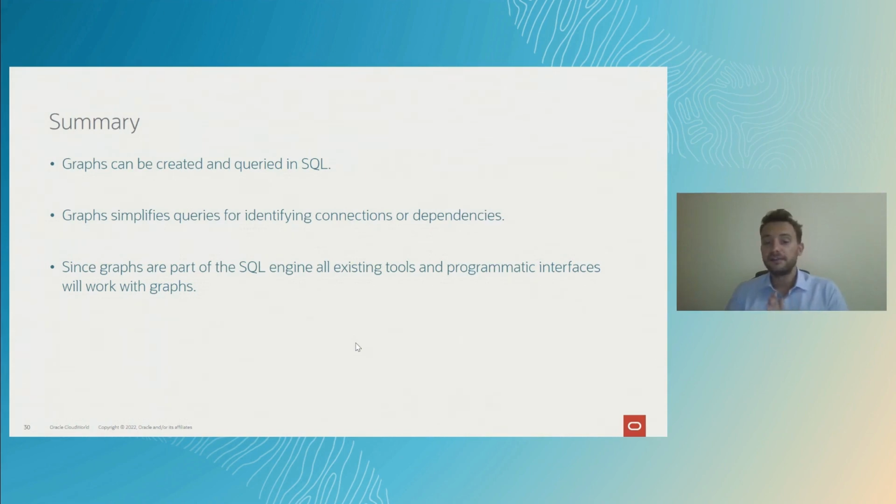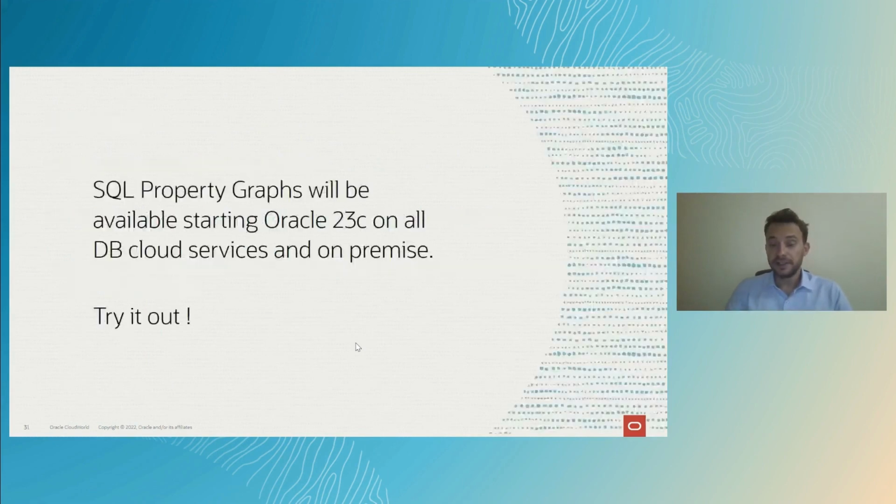And because they are available in SQL, all existing SQL tools and programmatic interfaces will work with graphs out of the box. Last but not least, as I said, this is a 23c feature. It will be available on all DB Cloud services and on-premise. So I welcome all of you to try it out.